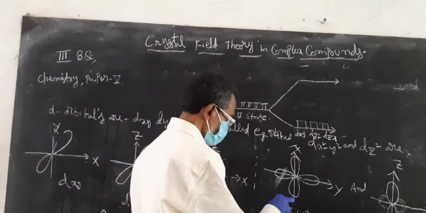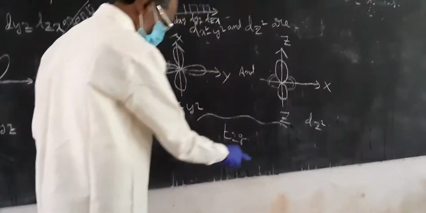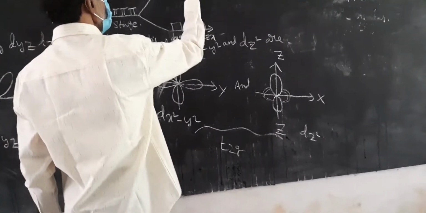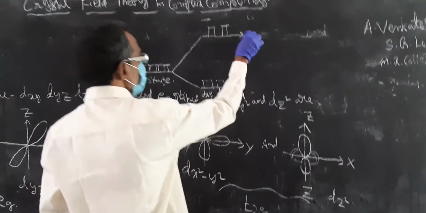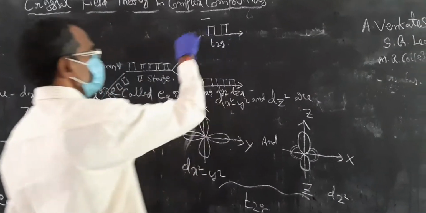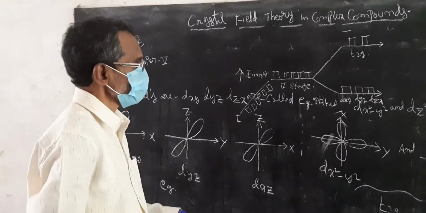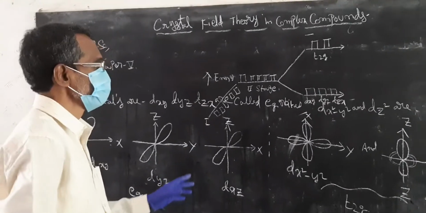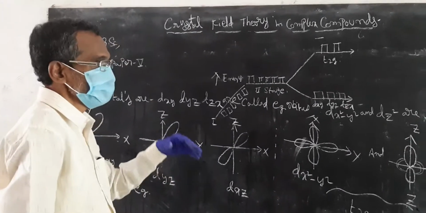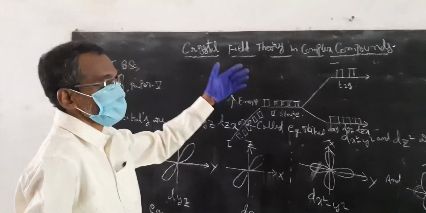Then the remaining two, dx square minus y square and dz square, are called the T2g orbitals. These have large repulsion with the center. That's why they are high energy, in an excited position.